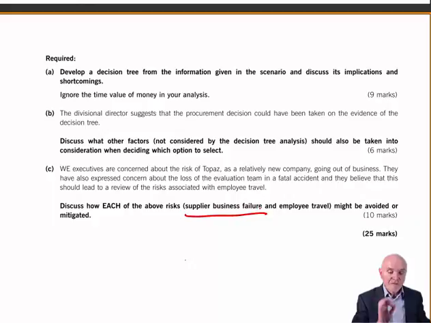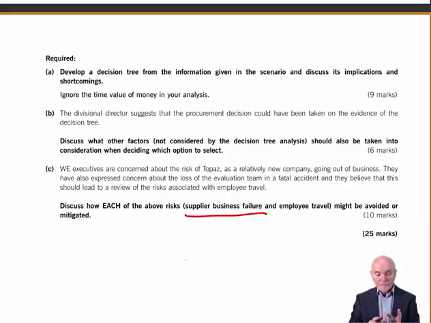We had identified, of course, Topaz as being a new company. So first thing you can do is make sure you look at their financial statements. Maybe you can get references from credit references about them and so on, some sort of investigation.